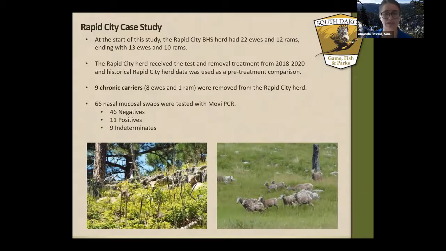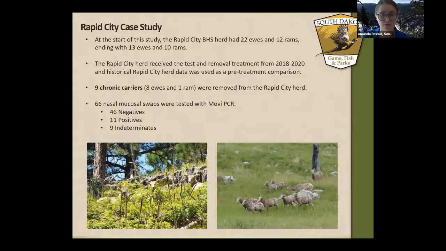We've removed a total of 9 chronic carriers that includes 8 ewes and 1 ram, 2 of which were indeterminate or intermittently carrying ewes that were removed November of 2020. This was done for precautionary purposes, ensuring that no carriers of any kind persisted in the herd. These specific individuals consistently tested indeterminate with MOV PCR and regularly interacted with naive lambs.